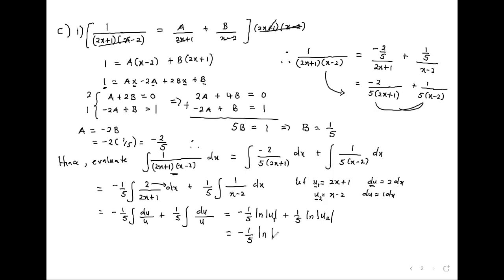So the new one is -1/5 ln of 2x plus 1 plus 1/5 ln of x minus 2, plus a constant c. This becomes the integral of such a function. So partial fractions, in most cases, that's how they come.